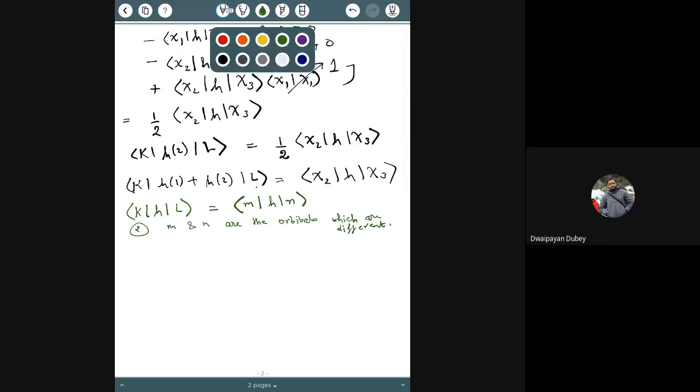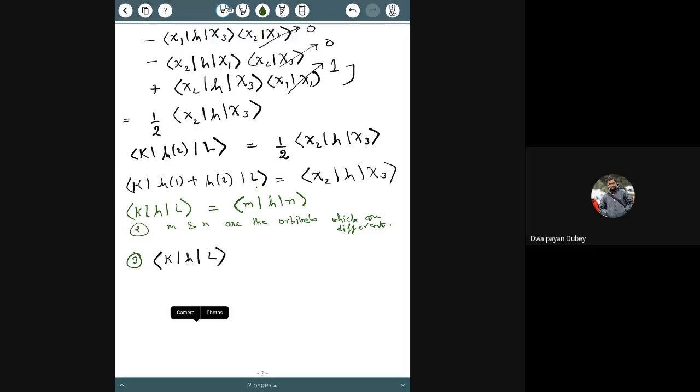Now we come to number 3. So for 3, we will evaluate K, H, and L. So they are different spin orbitals, but both orbitals are different.